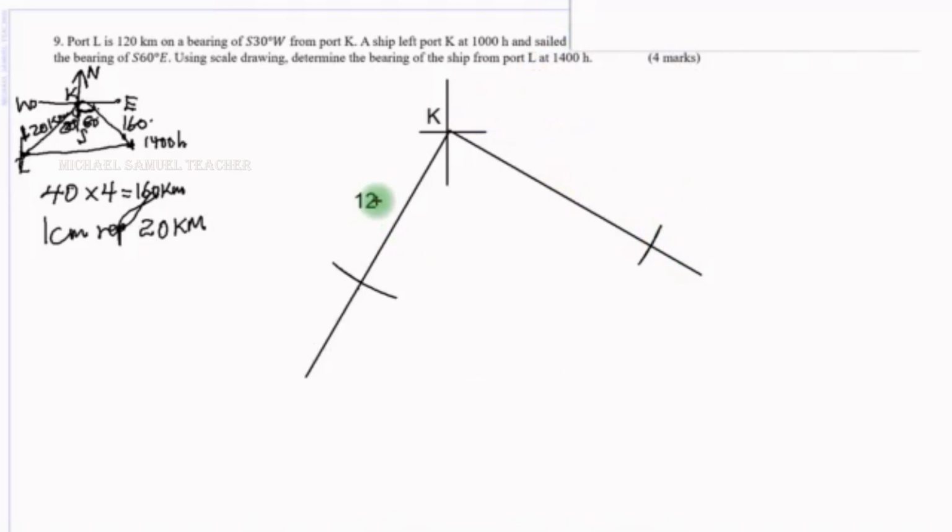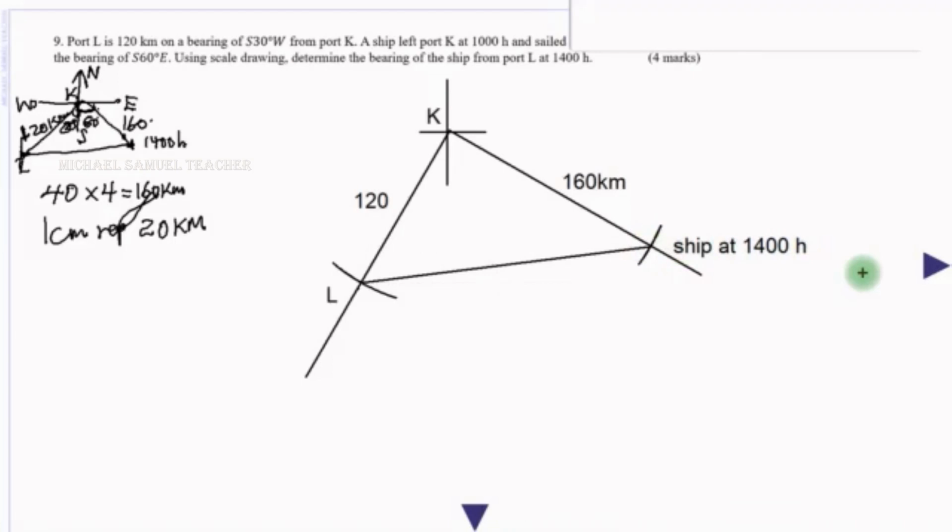So it is 120 kilometers and it is 160 kilometers. So from this it is L. So then from here we put 1400 hours and 1000 hours.